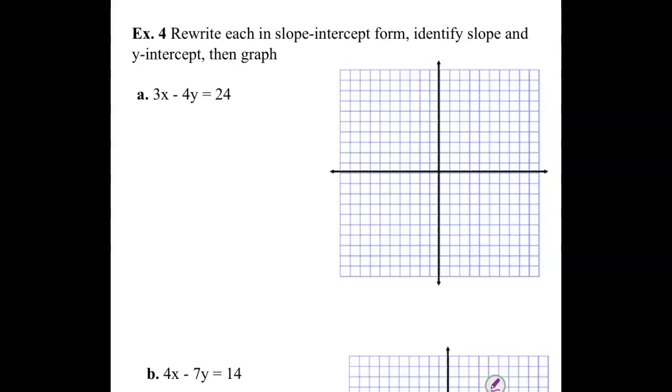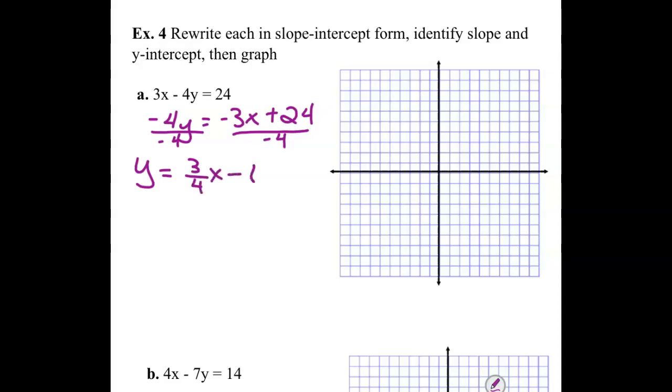All right, what did you do first? Okay, subtracting the 3x makes it negative now on the other side. And then, okay, so dividing by -4, we've got a positive 3/4 x and a -6. Yes? Okay, so our slope is 3/4, which means we're going to rise 3, run 4.